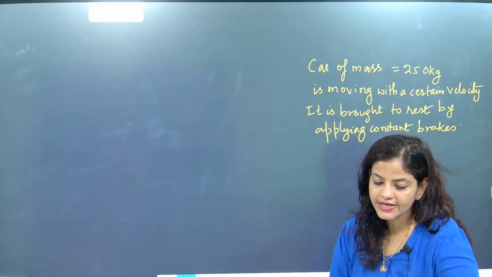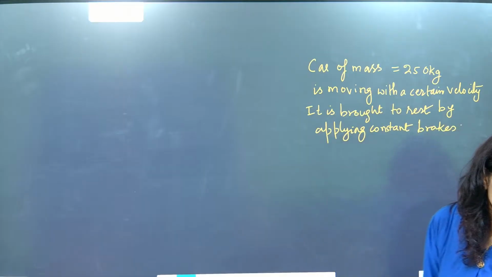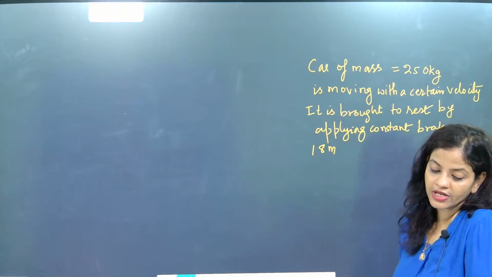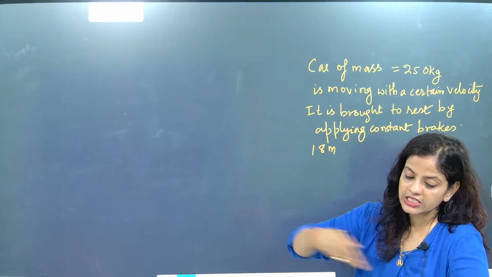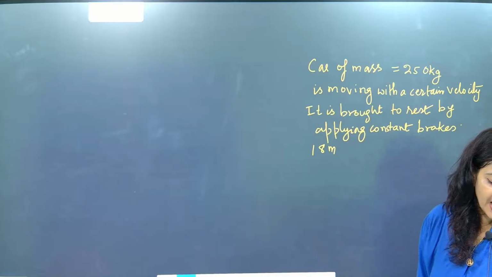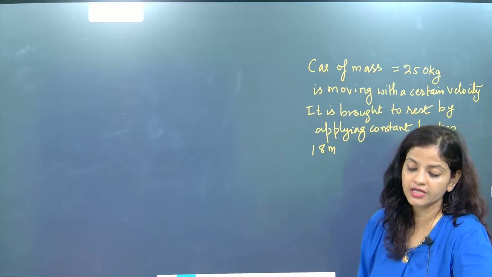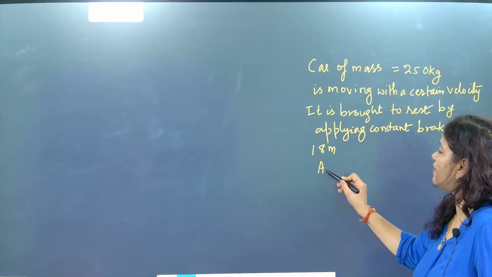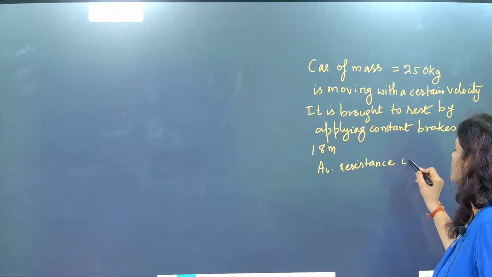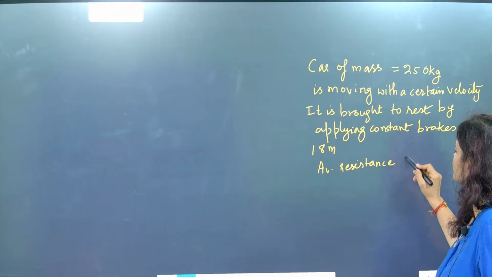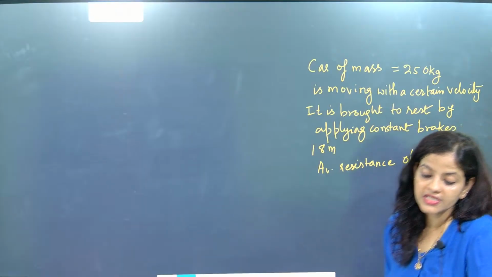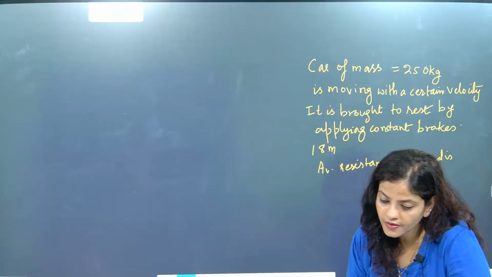Okay, so they are applying brakes within a distance of 1800 meters. Sorry, 18 meters. So in the span of 18 meters, they are applying brakes. Okay, what is the average resistance offered? What is the average resistance offered?